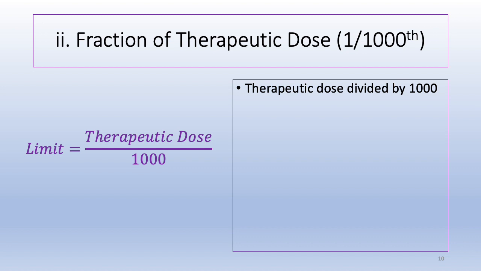Put simply, this approach says that not more than 0.1%, or 1/1000th, of the minimum therapeutic dose of a product should appear in the maximum daily dose of another drug product.